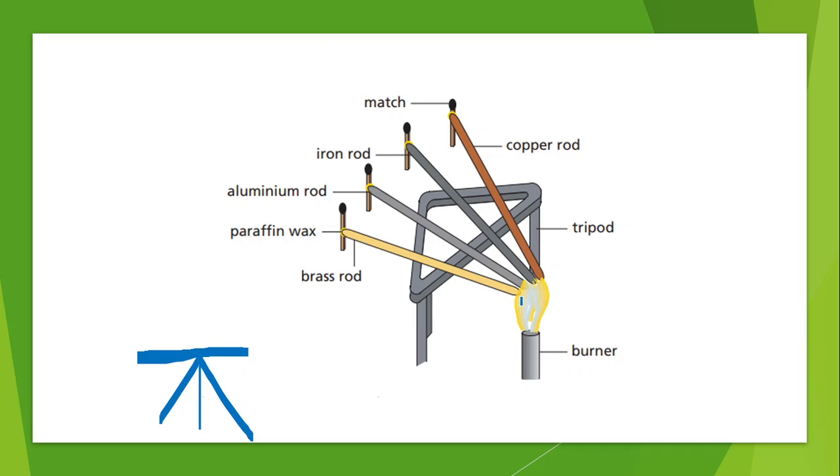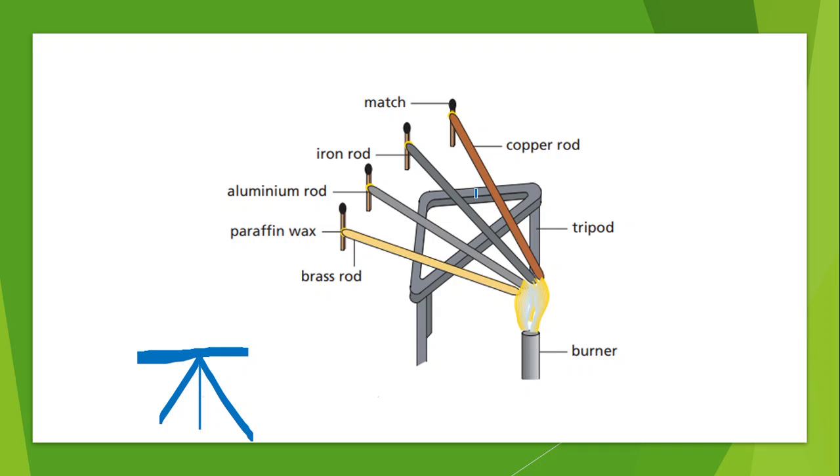Heat is going to propagate from this point to the end of the rod by conduction, and the faster it gets to the end of the rod where the paraffin wax is stuck, the better a conductor it is.